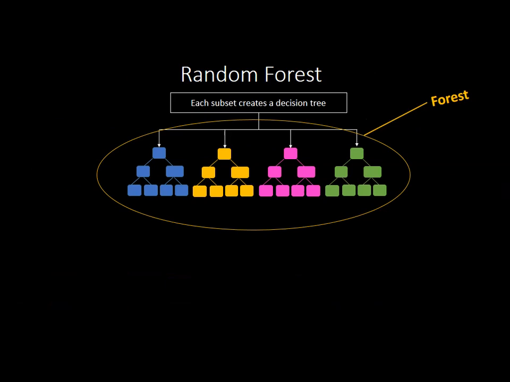From there, each subset then creates a decision tree based off of those features. All of these trees are your forest. Once we have all these trees, we can run our validation data set through. Each storm would go through each decision tree and get either a yes or no answer whether or not cloud-to-ground lightning occurred. And then our probability was the number of yeses over the total number of trees.